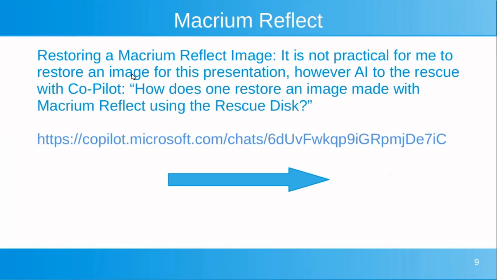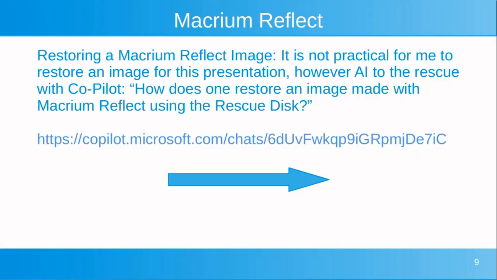Although it's not practical for me to actually do the restoration, because I can't override the computer that I just backed up, I wanted to get the actual procedures and also give you a tool, and recommend AI when you want to know how you're going to do something and you don't have a guide and the help in the program is not that good.